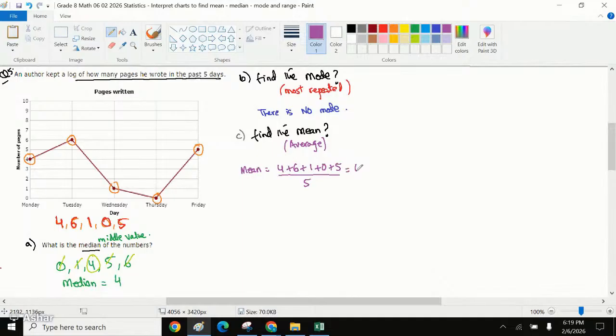What is 16 divided by 5? 3 point something. I think 3.2. It should be 3.2, yes. So he wrote on average 3.2 pages per day, right? We can write this as 3.2 pages per day. If he writes 3.2 pages per day, that means his total for 5 days would be 16 pages.